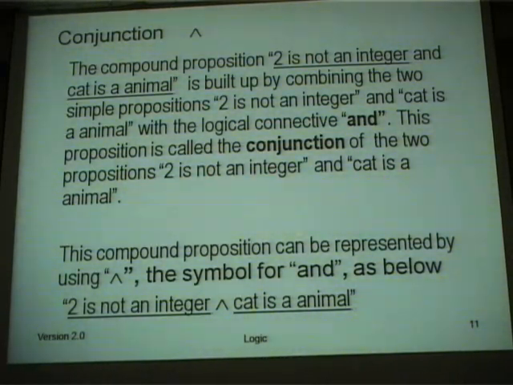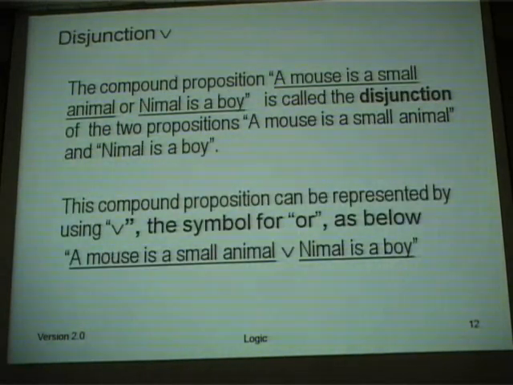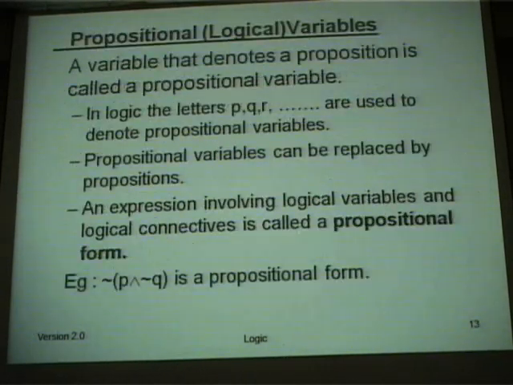So we represent that as this, similar to the disjunction. This statement is a disjunction of two primitive propositions, this one and this one, and it is represented like this.